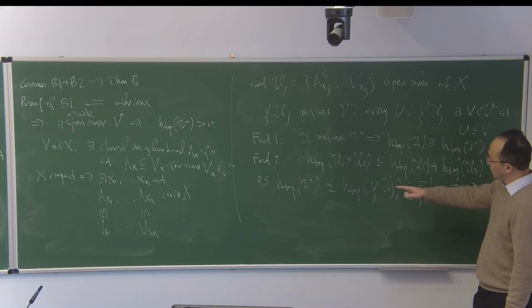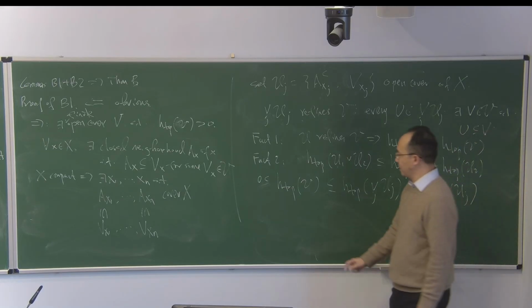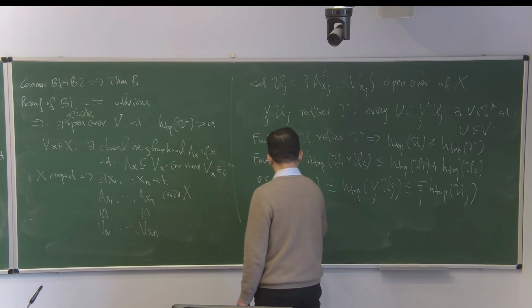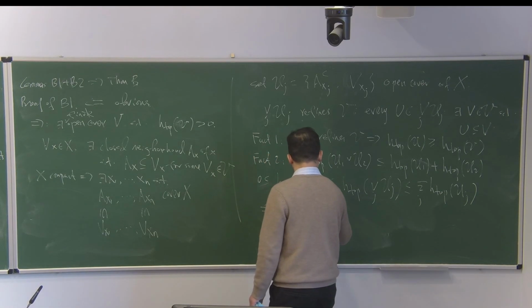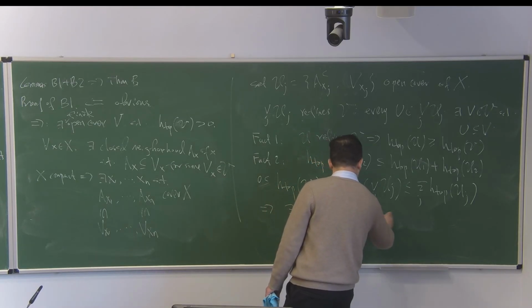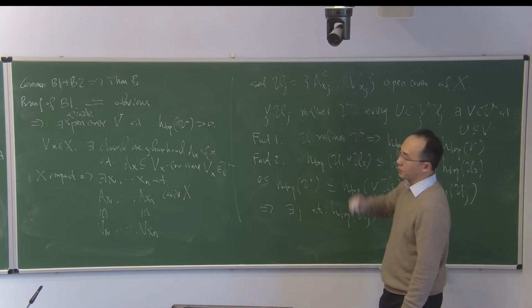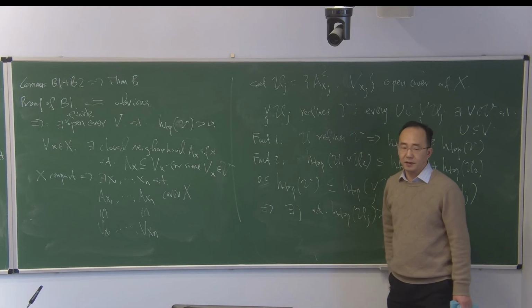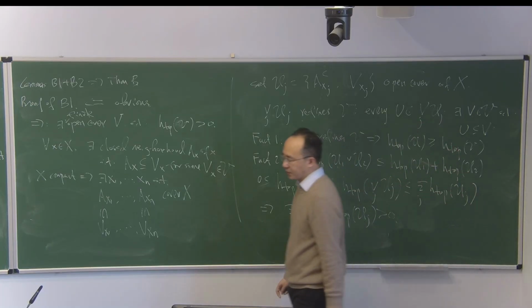So the sum of them is positive, so at least one of them is positive. But then this uj is what we're looking for. It consists of just exactly two open sets there.